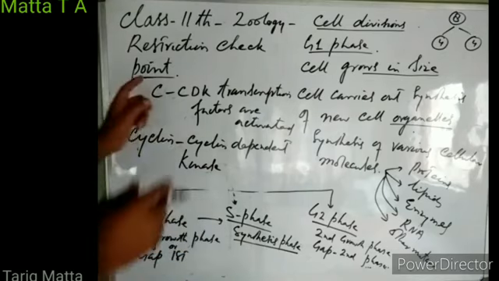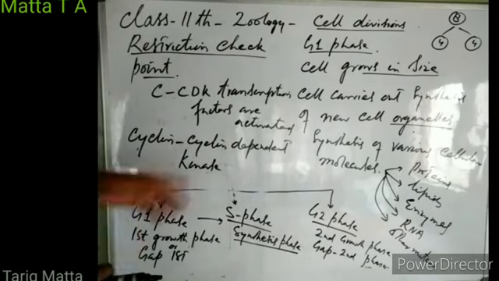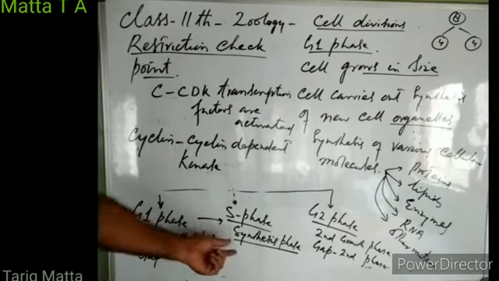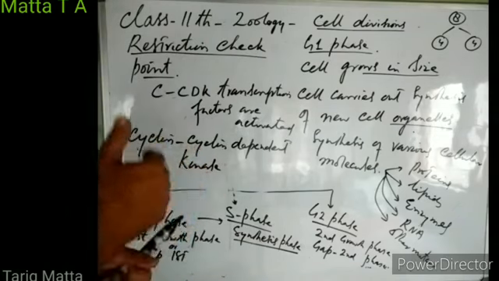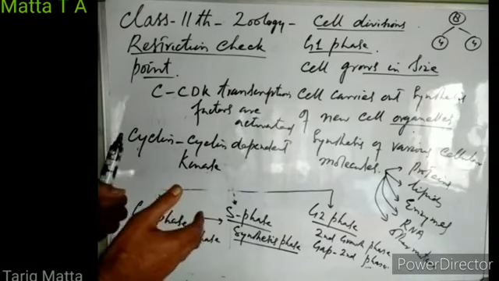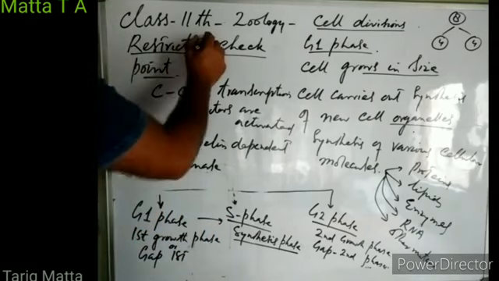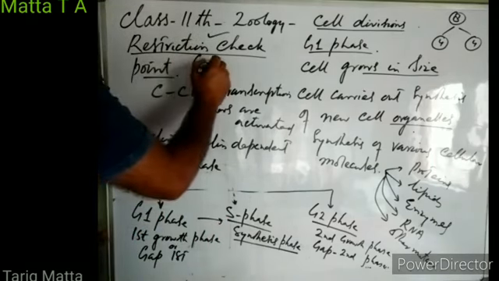So the cell has to pass through this restriction checkpoint. Any cell which is deficient in the necessary enzymes required in the S phase will not be allowed to go into S phase. So for going from G1 phase to S phase, a cell has to pass this restriction checkpoint, or we call it the G1 checkpoint.